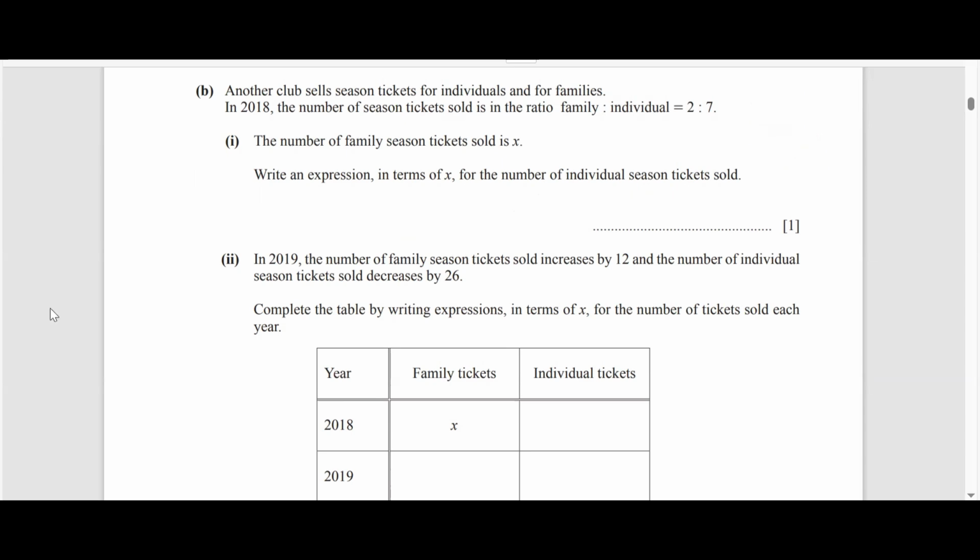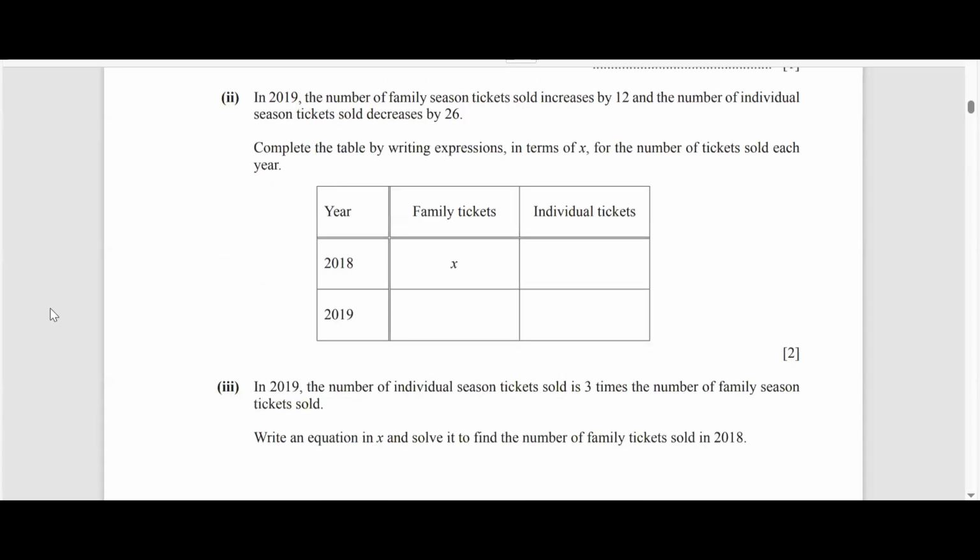Now, in 2019, the number of family season tickets sold increases by 12, and the number of individual season tickets sold decreases by 26. Complete the table by writing expressions in terms of X for the number of tickets sold each year. In 2018, we know family tickets was X and individual tickets, we got the answer as 3.5X.